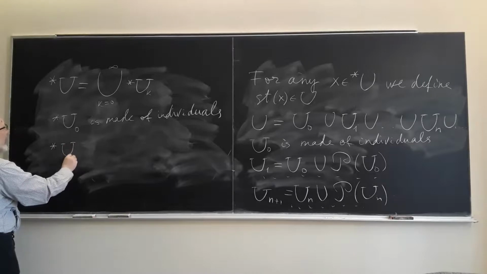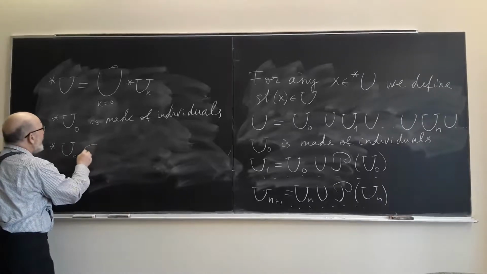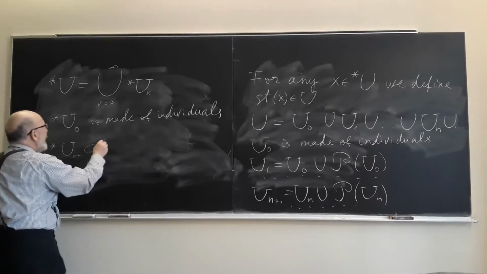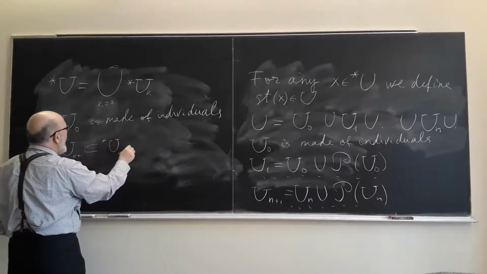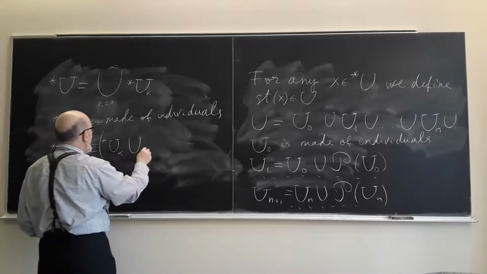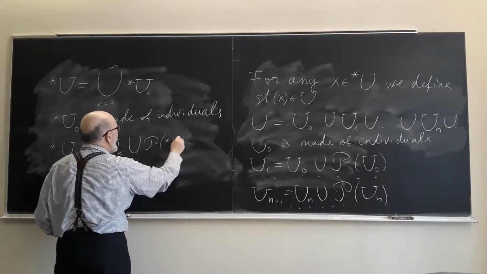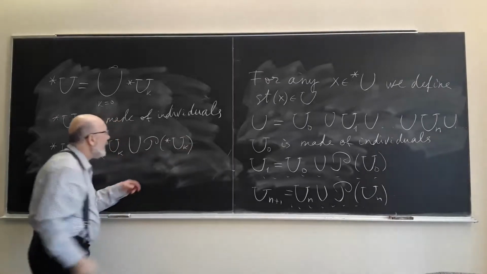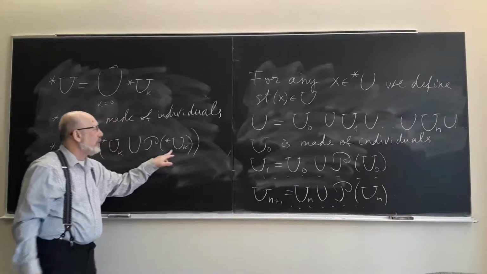U k plus 1 is a subset of star U k union P of star U k. Simply because P of star U k is too large.